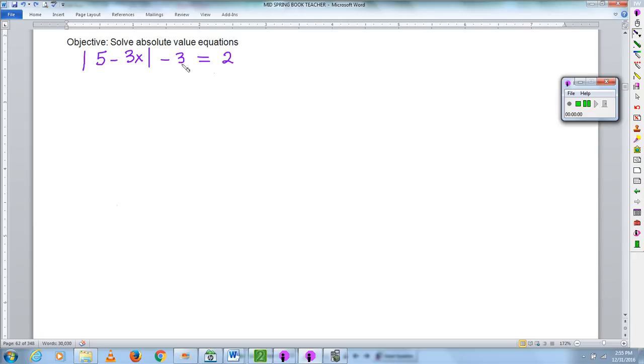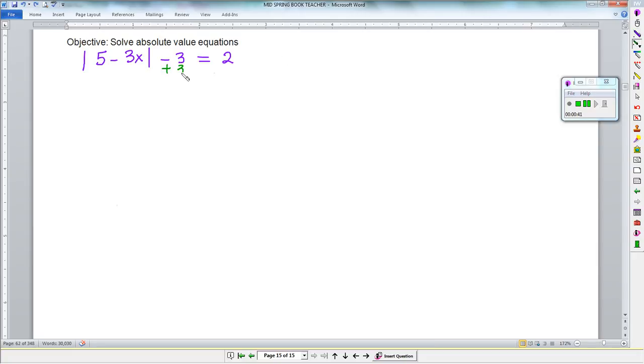The first thing we need to do is isolate the absolute value expression by itself. So we'll add 3 to the left side and to the right side. Now we simplify: the absolute value of 5 minus 3x equals 5.